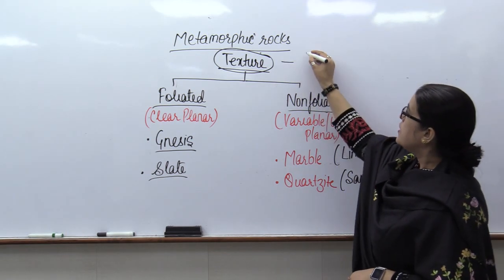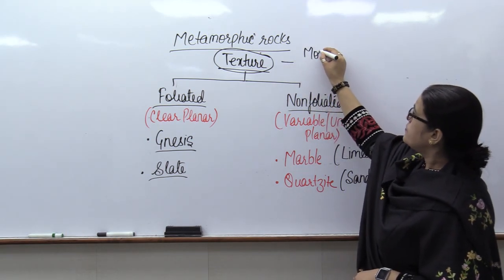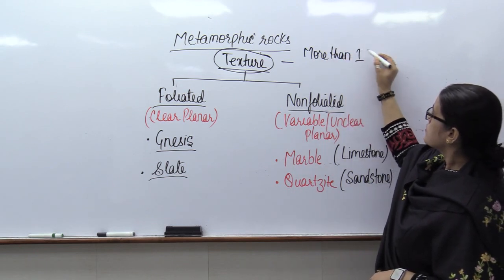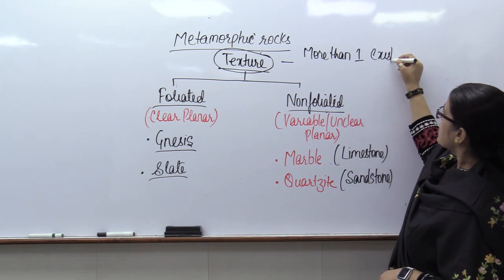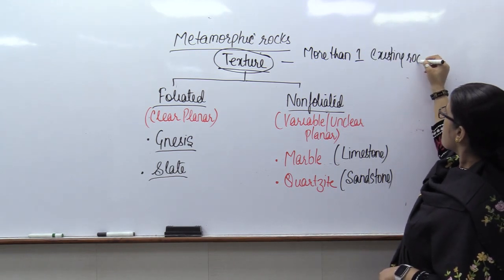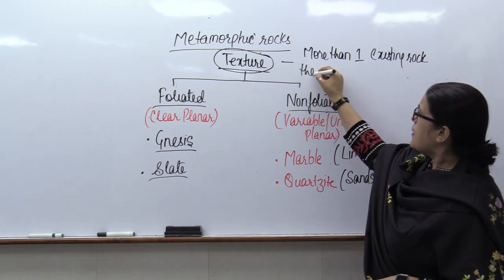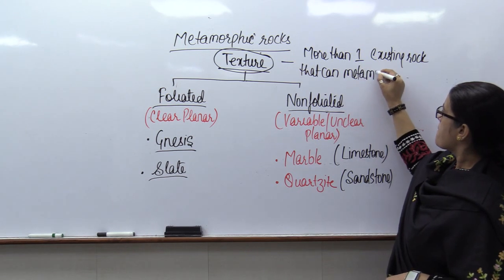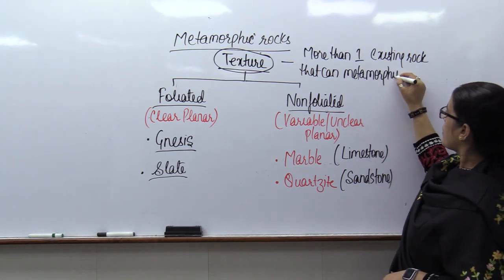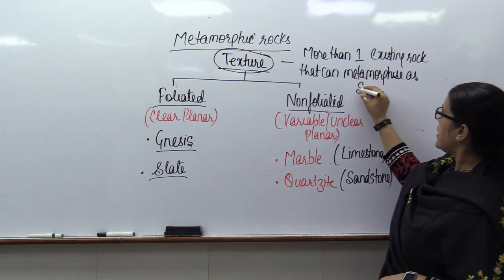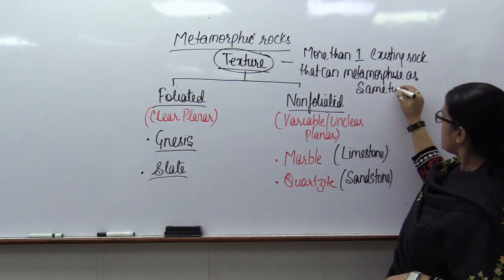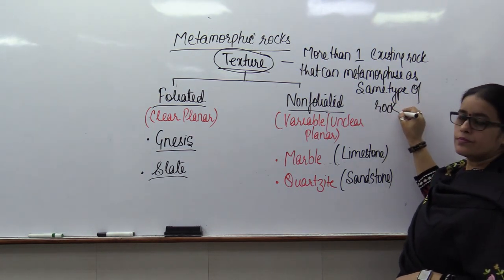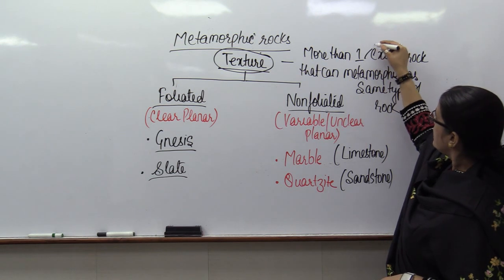The answer is, there can be more than one existing rock that can metamorphize into the same type of rock.